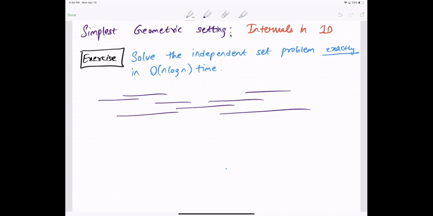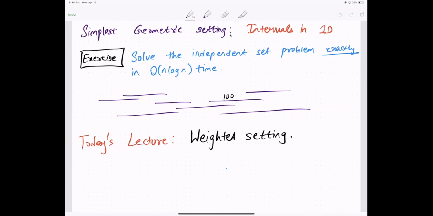What we are going to do today is look at the weighted setting. By that we mean that there will be some weights associated with these intervals.